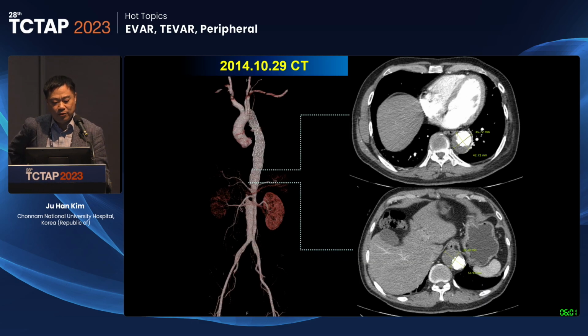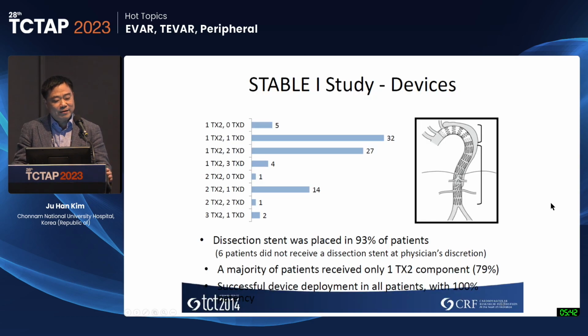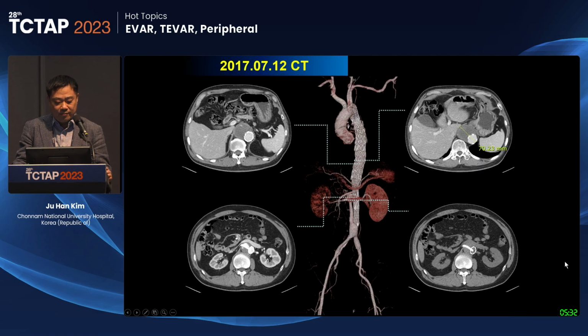At 1 year follow-up after TEVAR it was acceptable, but there was mild enlargement in the abdominal false lumen area. And 3 years after, the abdominal area had more enlargement. So we did the more procedure, using a bare metal stent and a stent graft in the renal artery. And follow-up showed a good result for the abdominal false lumen.